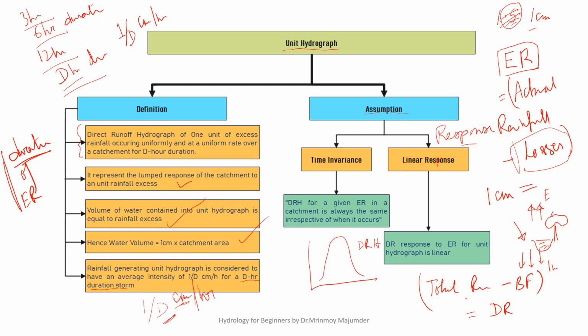So whether it is happening in summer or winter, in a day or night, the DRH, the response to that unit ER, is always the same. So this is one very important assumption.